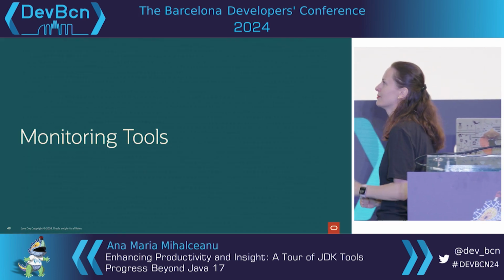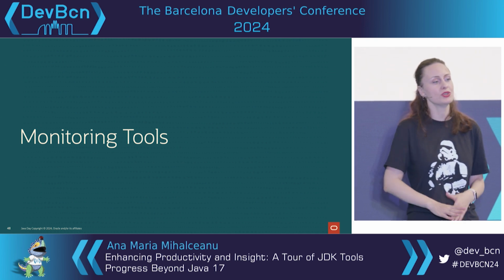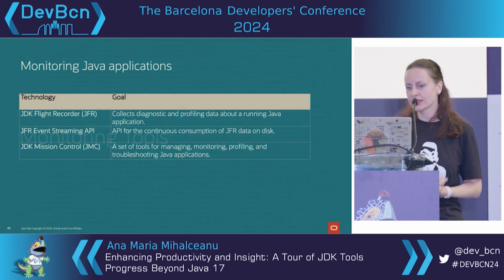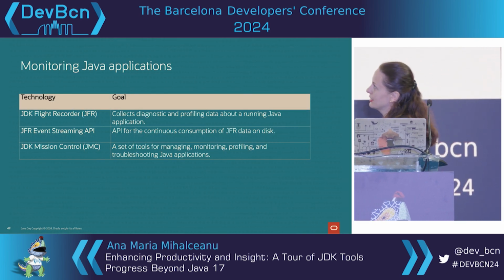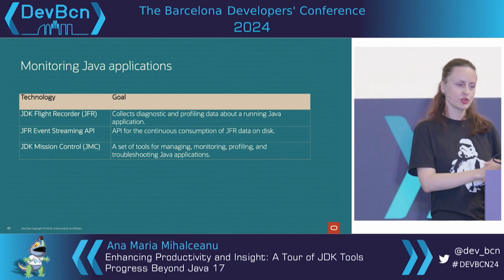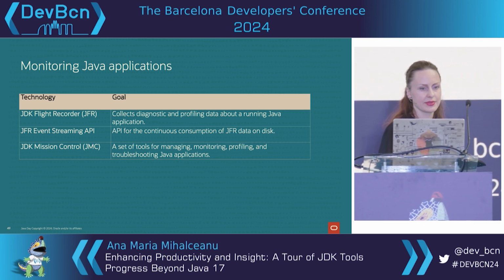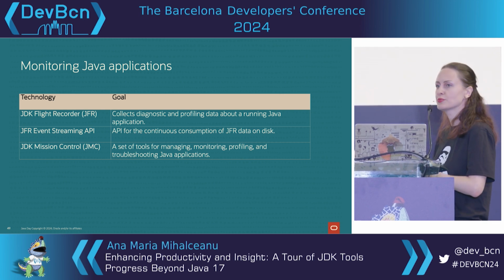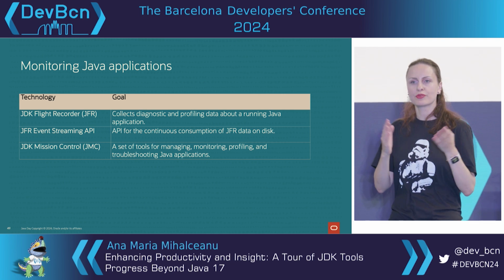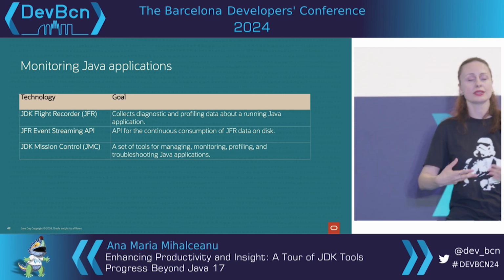Last part, monitoring tools. So what do we get new in terms of monitoring tools within the JDK? And I divided this part in a few areas. First of all, which technology is responsible for what? Now, JFR, which is provided with the JDK, the OpenJDK distribution, is great for profiling your application and collecting diagnostic data.